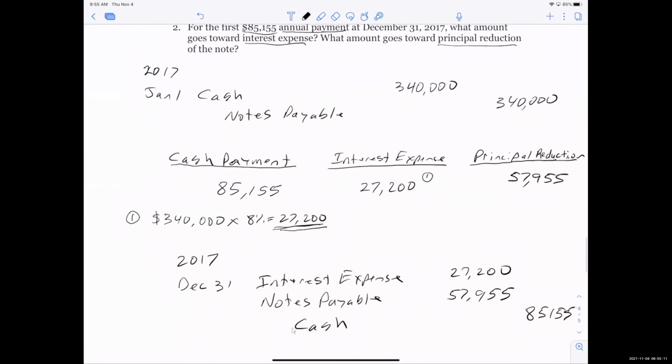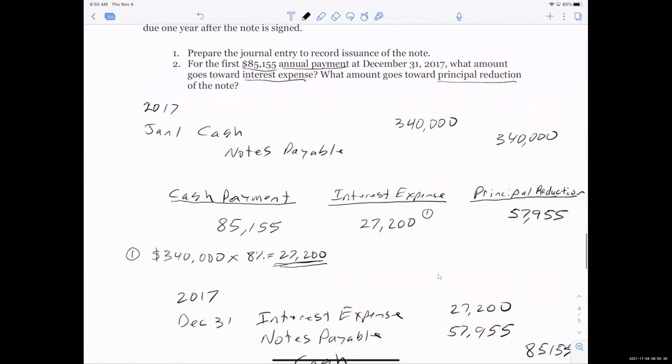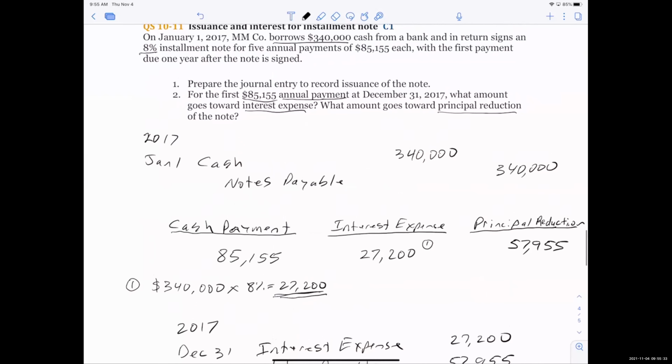Of this cash payment, where we're going to credit cash of $85,155, it first goes to pay off the interest expense. How do you calculate interest expense? It's based on the outstanding balance. Here, interest expense is $27,200. We start out with $340,000, times 8% for that full year, which is 27,200. That's where I get the 27,200.